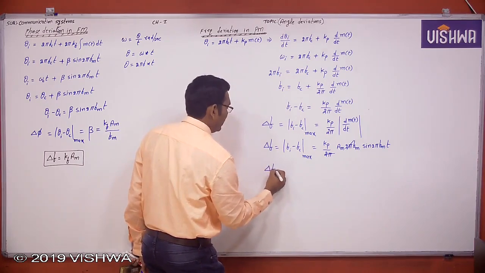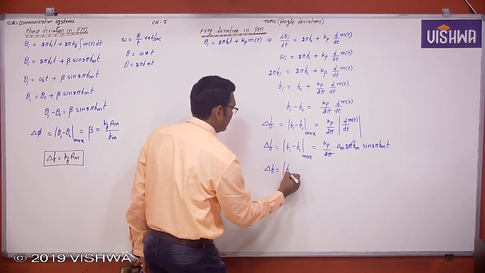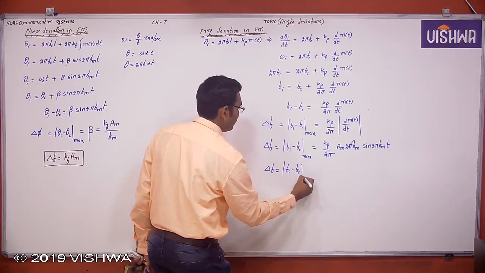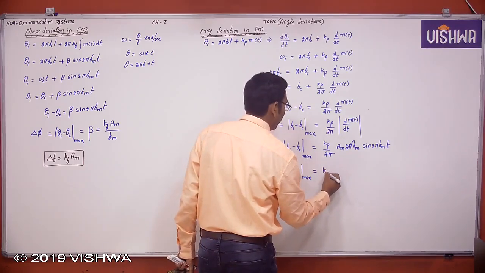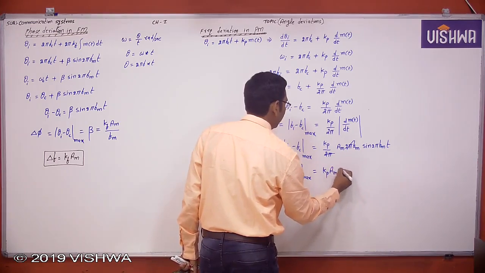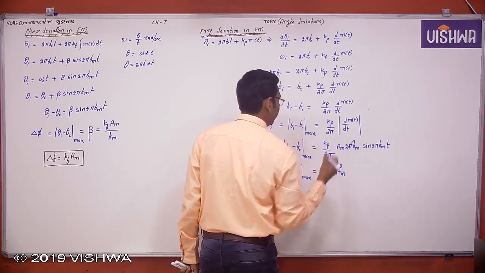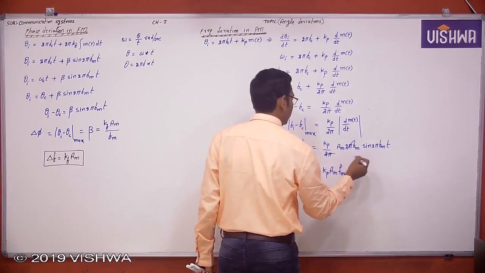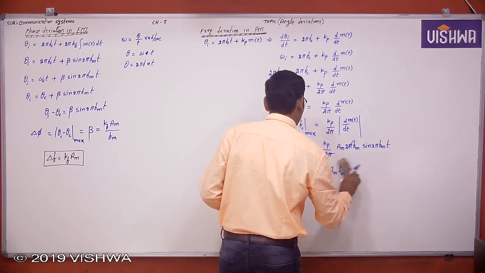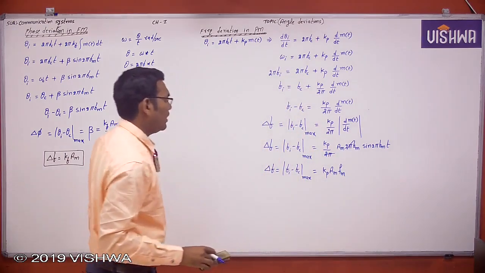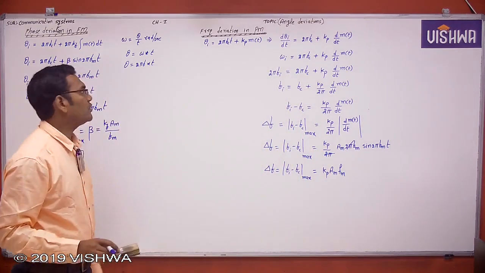Therefore, the frequency deviation in phase modulation is kp Am fm. The maximum value of this is 1. This is the frequency deviation in phase modulation, right?